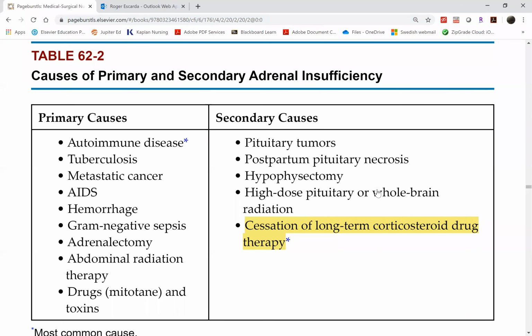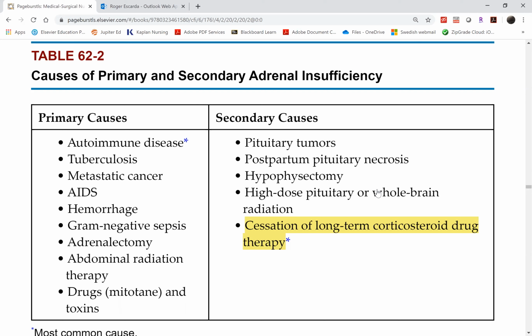remember when we teach patients never to stop their steroids abruptly? You remember that? Yes. What was the rationale for that? Why should you taper steroids? Why can't you just stop it right away? You hear the rebound effect?